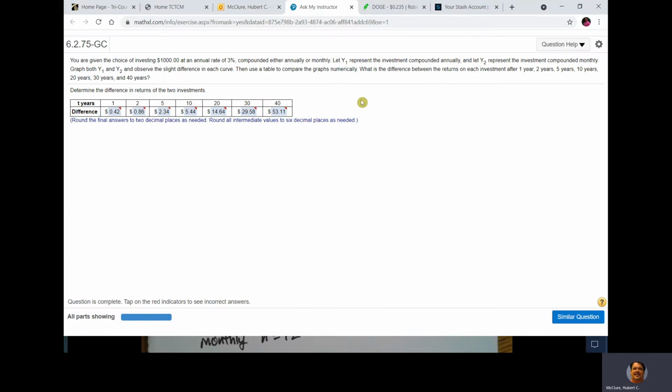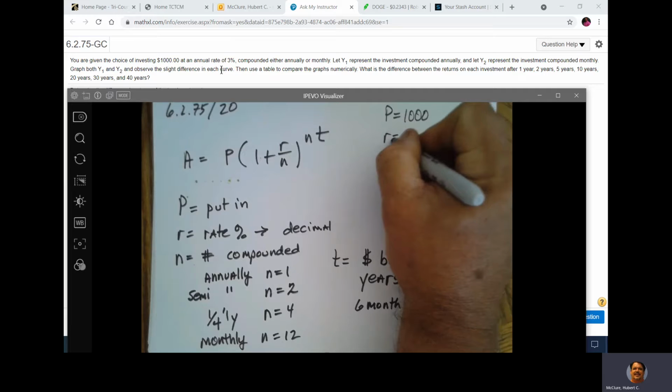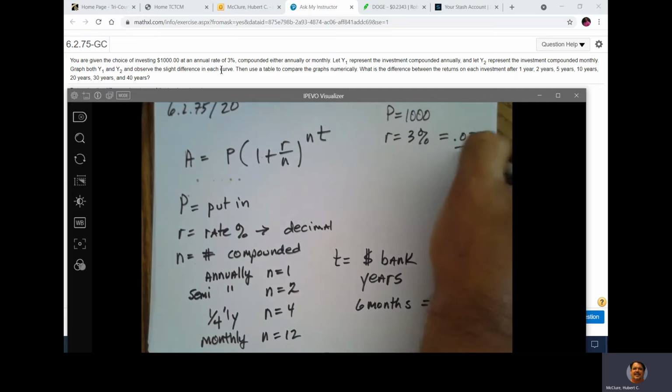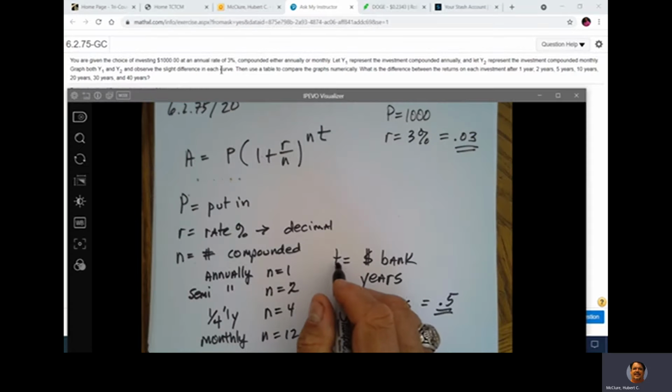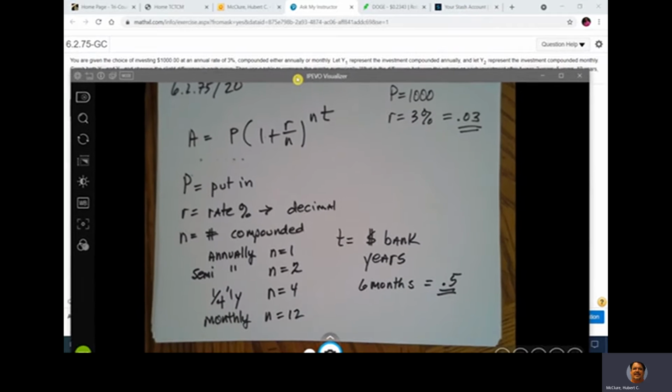Let me write down the information. P is equal to 1,000. r is 3%, which is equal to 0.03. They have it compounded annually or monthly.